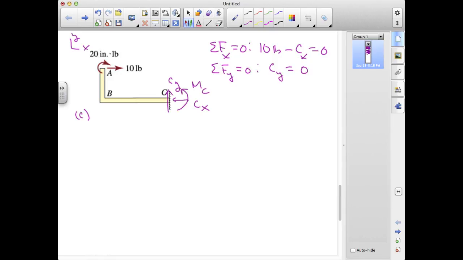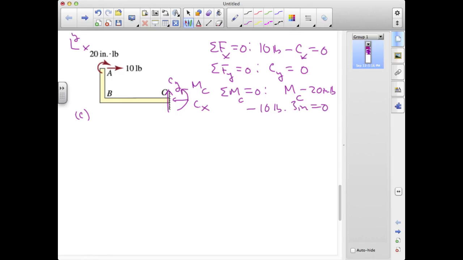And then taking moments about C, I have the moment about C. I've drawn it as counterclockwise or positive, so that's the moment reaction at C. And then I've got two clockwise contributions from the external loads at A. I've got minus 20 inch-pounds from the force couple, minus 10 pounds times 3 inches equals 0.